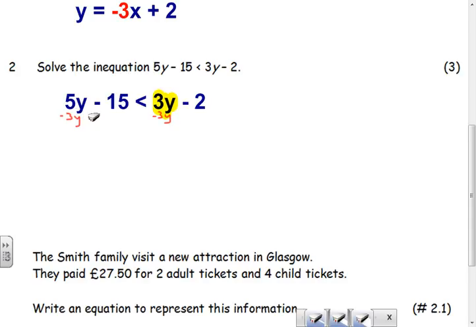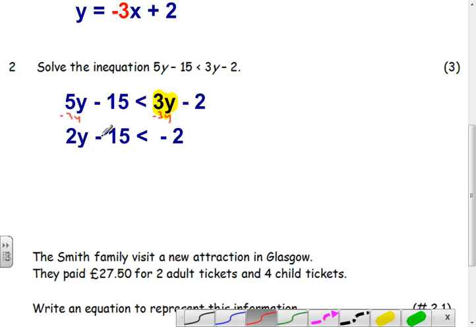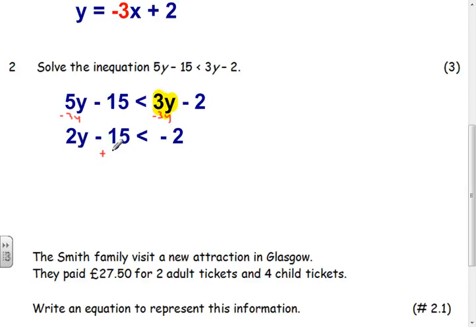Now what that leaves you with is if you take 3y from 5y, you get 2y. We've still got the take away 15, we've still got the less than sign, and we've still got the -2 there. I now want to get that 15 over here. Now that's a take away 15, so I want to add it.